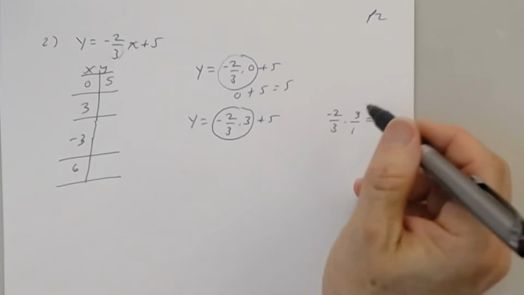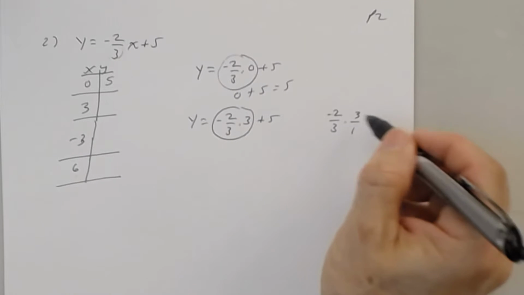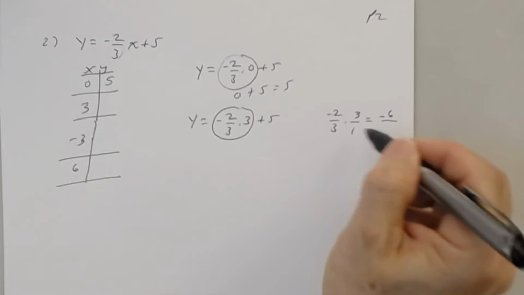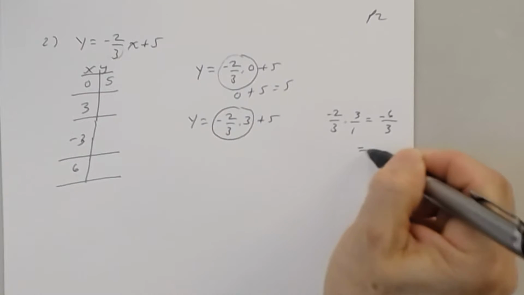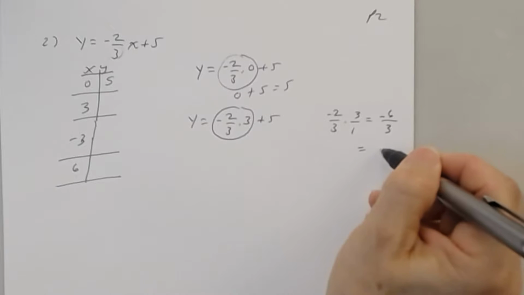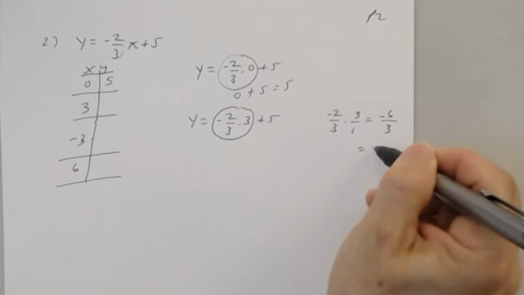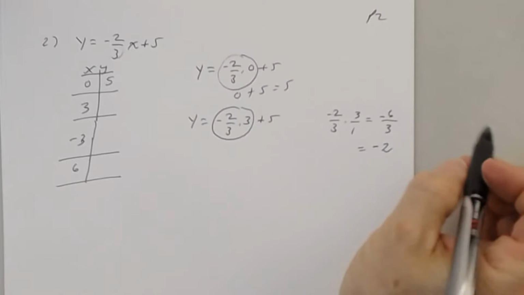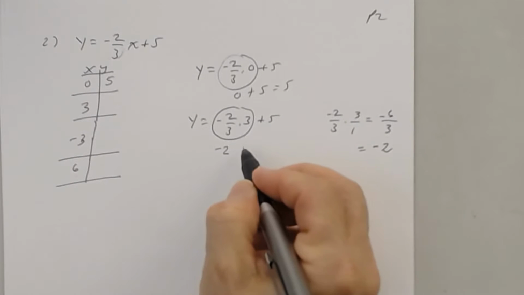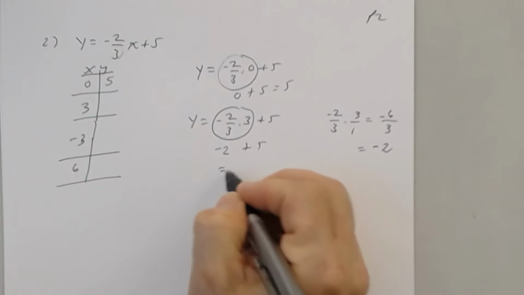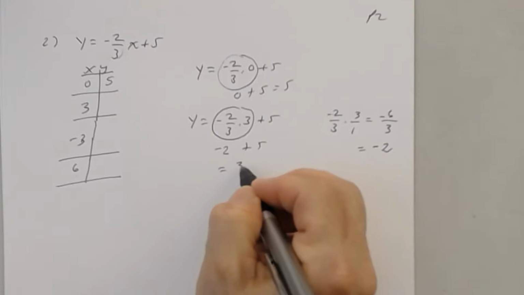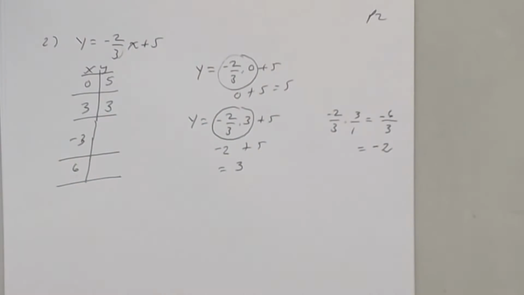Let's multiply first. What's negative 2 times 3? Negative 6. What's 3 times 1? 3. And then reduce. What's negative 6 divided by 3? Negative 2. So this is negative 2 plus 5, which is 3. So I found another solution. The other solution is 3, 3.